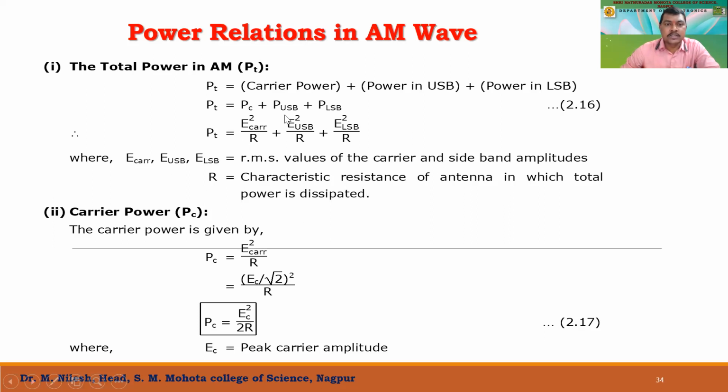The carrier power is given by PC equal to E carrier square by R, which is nothing but EC by root 2 whole square by R. So it can be calculated as EC square by twice R, where EC is the peak carrier amplitude. E is the instantaneous amplitude and this is the peak.